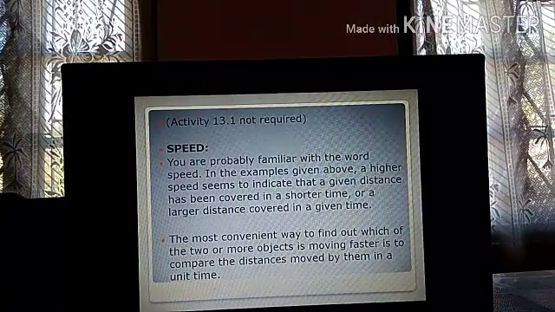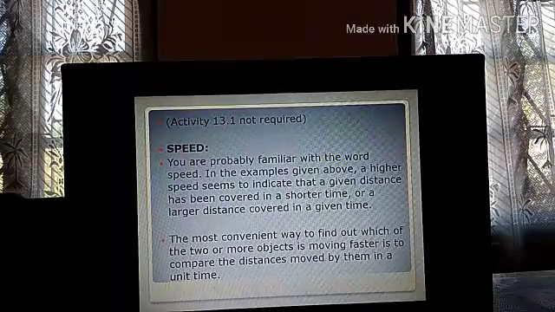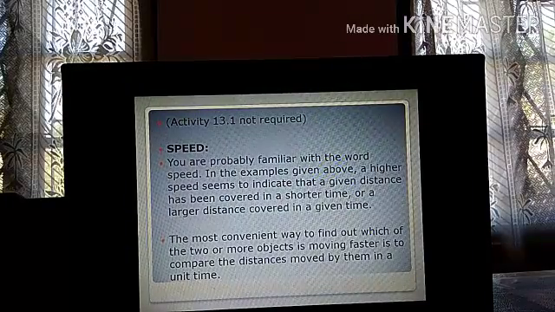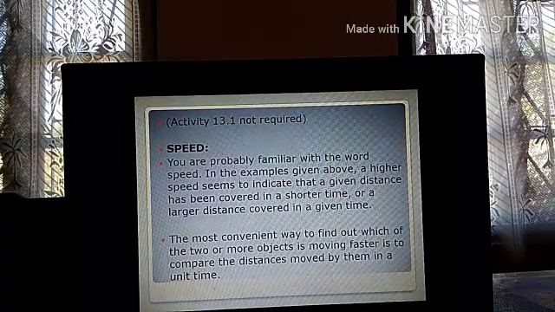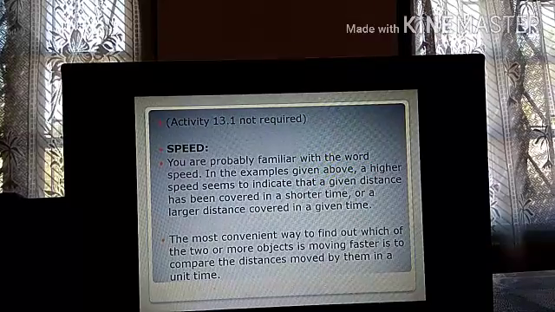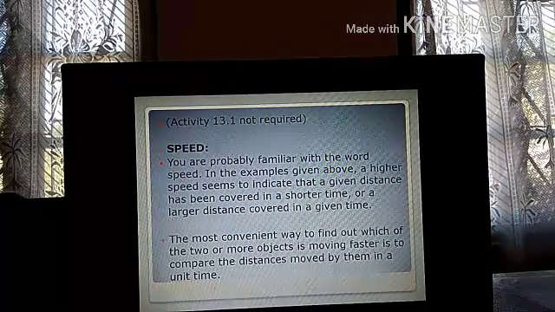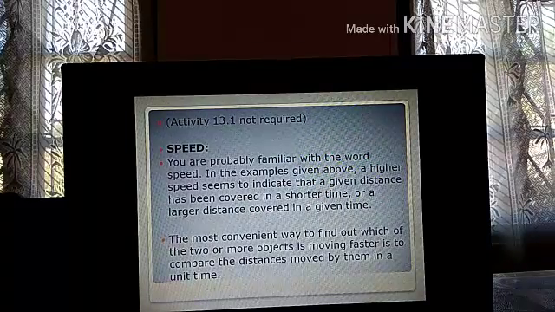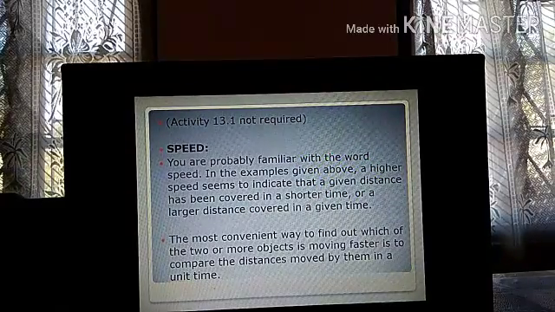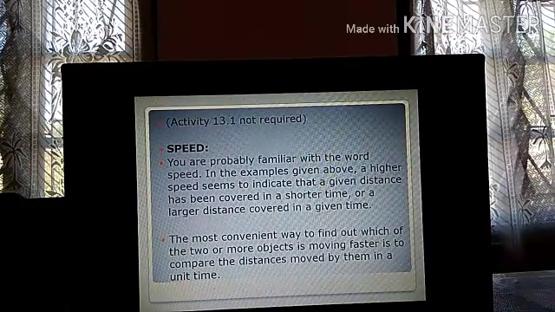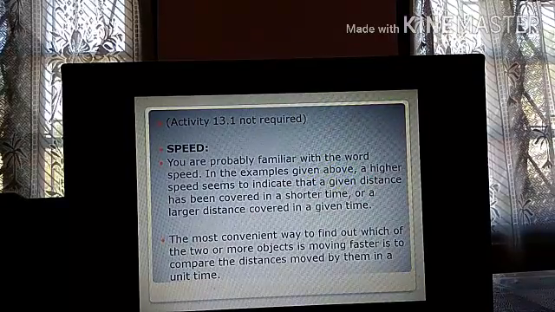Remember, in any such case, you have to compare. If you compare, then it becomes easier to tell which is faster and which is slower. The one who takes more time to cover a particular distance is slower, and the one who takes less time to cover a particular distance is faster. I hope you understood.